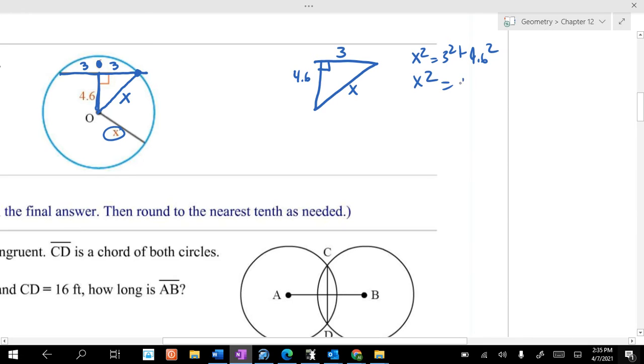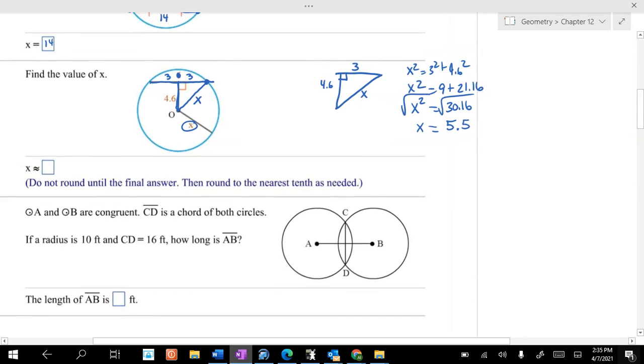X squared equals 9 plus 4.6 squared, which must be what? 21.16 or something like that? And then 9 plus 21.16 is 30.16. If we take the square root of that, x equals about 5.5. That's the length of that diameter.